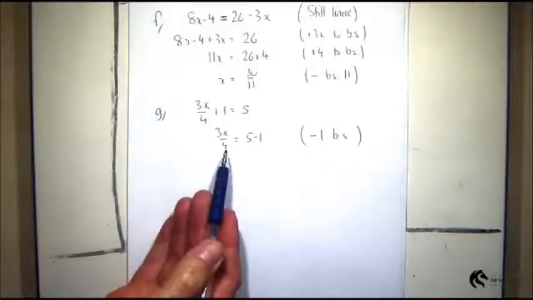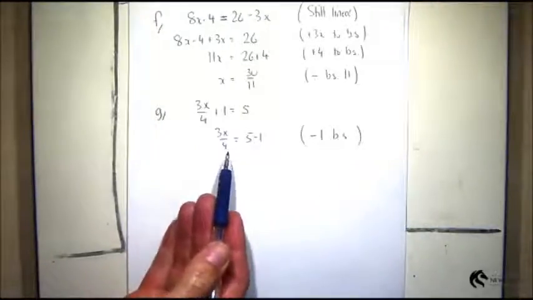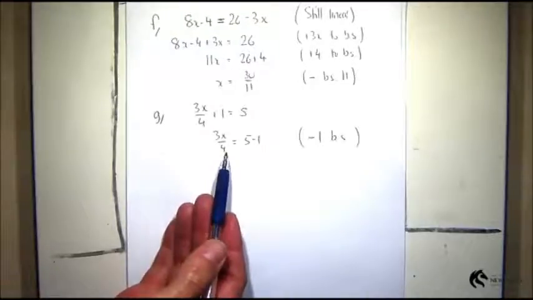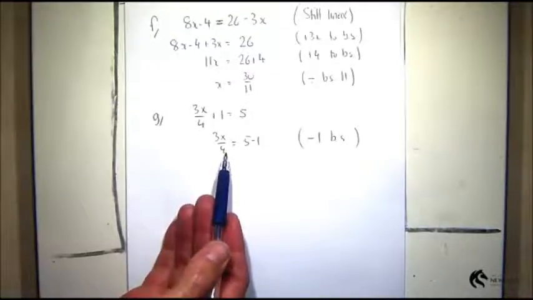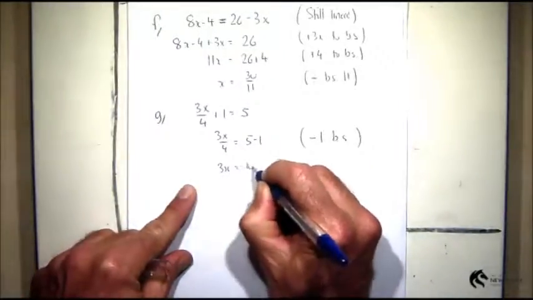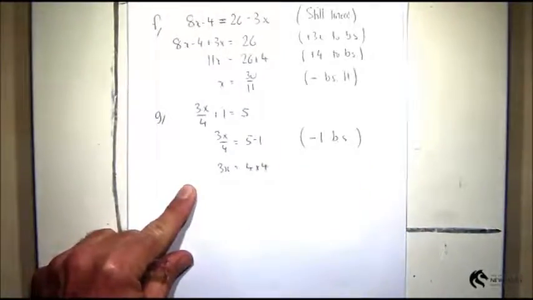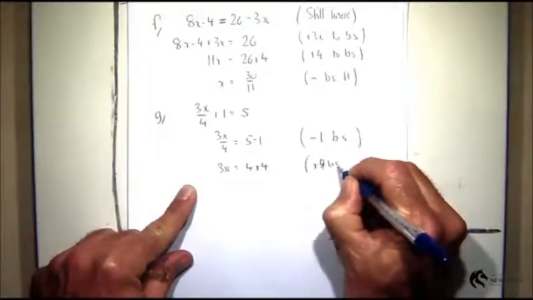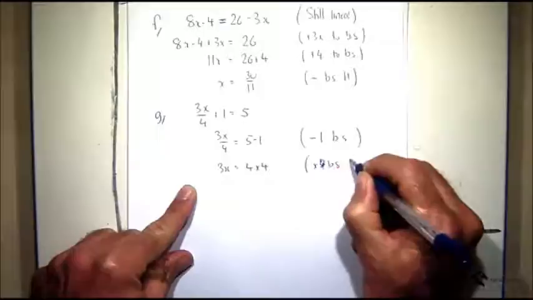Now, I could do this in one go, but I'll do it in two. I don't like dividing by 4 there. I'm trying to make x the subject, so I'm going to multiply both sides by 4. And on the left-hand side, that will give me 3x. And on the right-hand side here, I will have 4 times 4. Multiply both sides by 4.